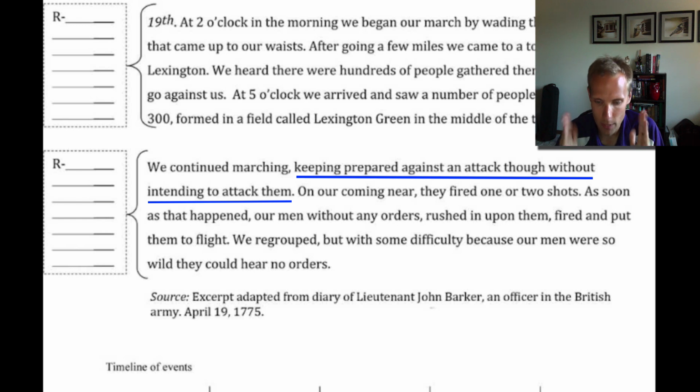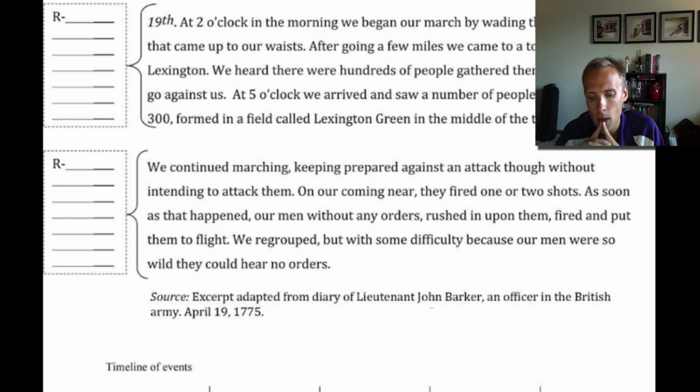Can't just use a source that's historically inaccurate. And also to get a better trustworthiness of the source in general. I am also remembering that this is an official's diary, so I'm wondering if he's writing this all down in a way to make himself and his soldiers look good. And we'll come back to that too.